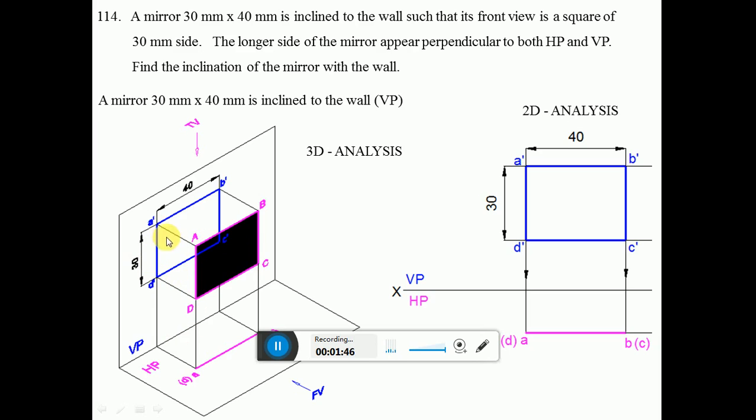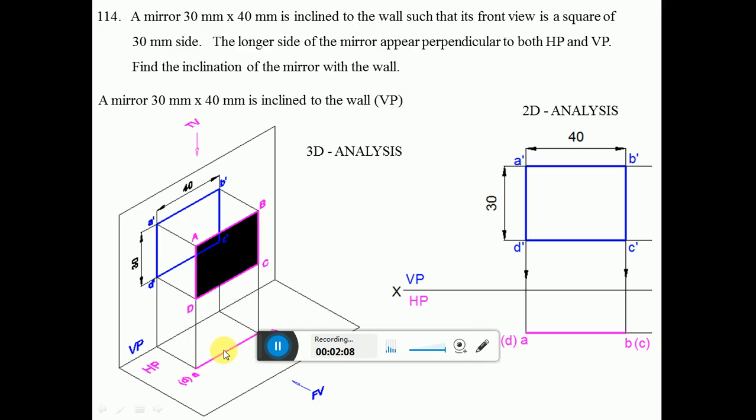We can see it here in 3D. It is parallel to VP and perpendicular to HP. Since it is perpendicular to HP, you get a line in the top view. This entire surface ABCD is perpendicular to HP.